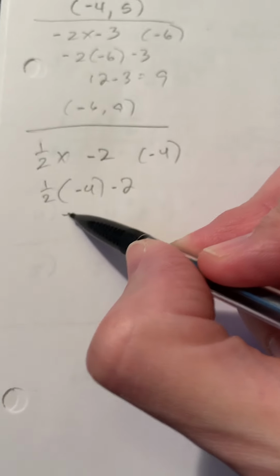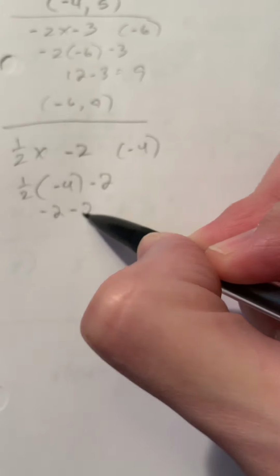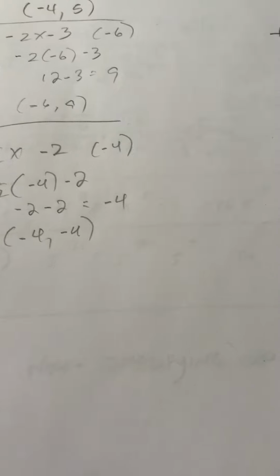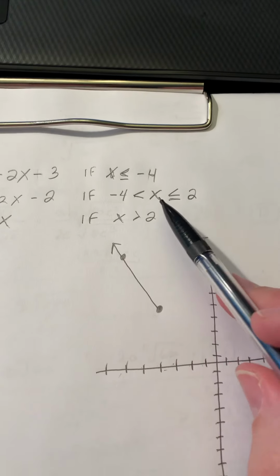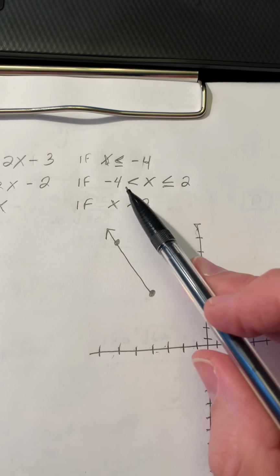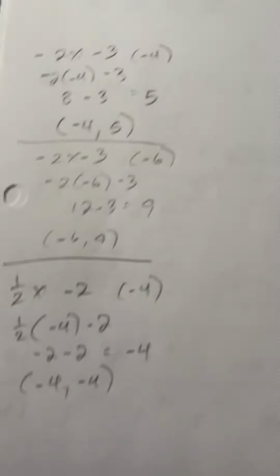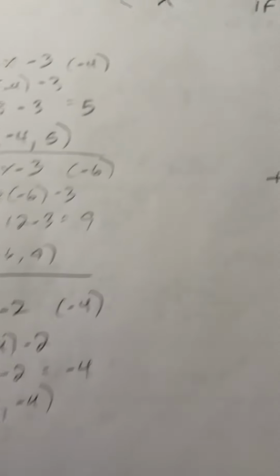Half of negative 4 is negative 2. Minus 2 is negative 4 again. So when I plugged in a negative 4, I got out a negative 4. That's my output. In the domain, it tells me it's less than, not or equal, so it's an open dot at negative 4, negative 4.